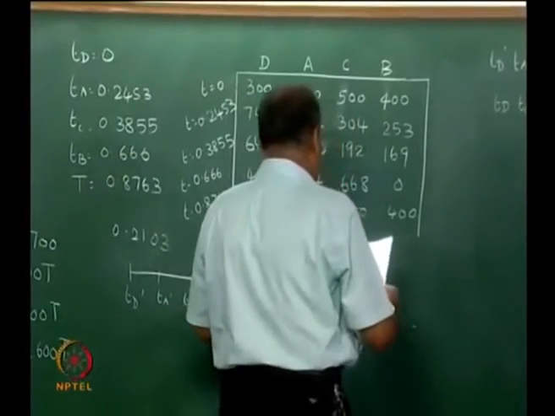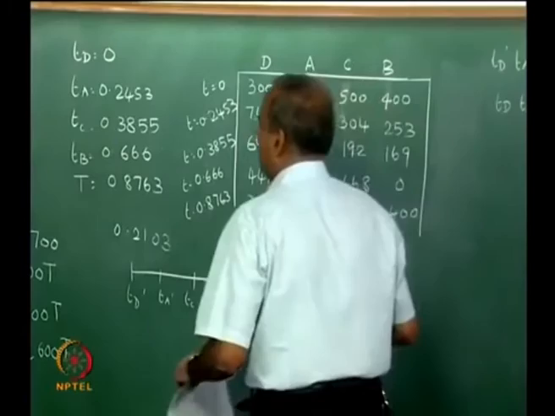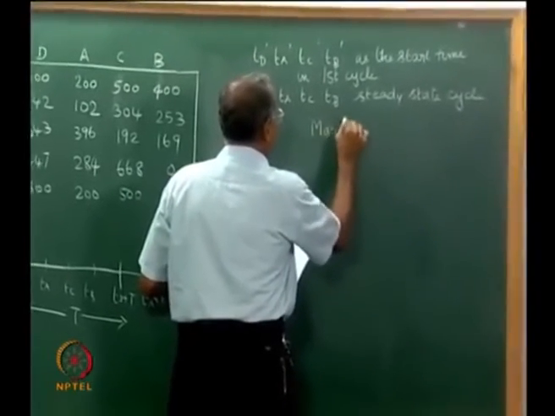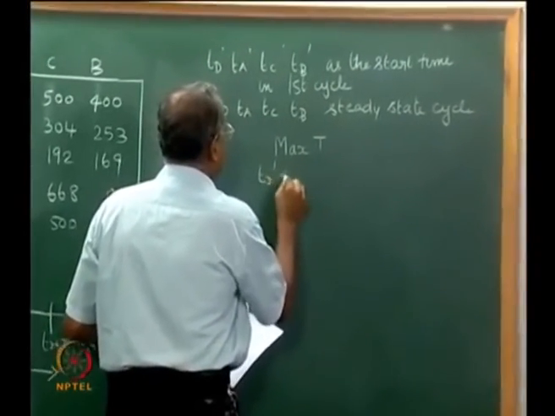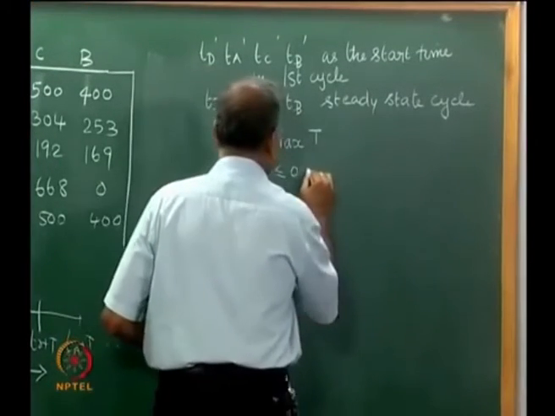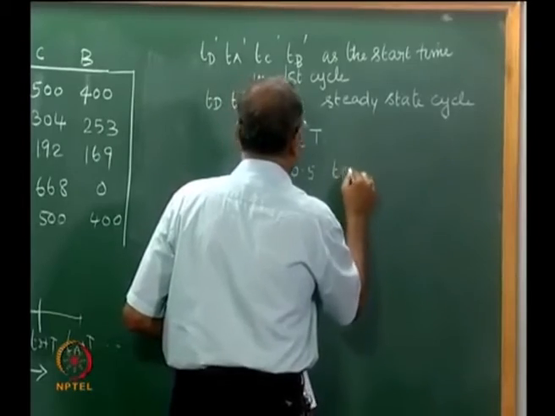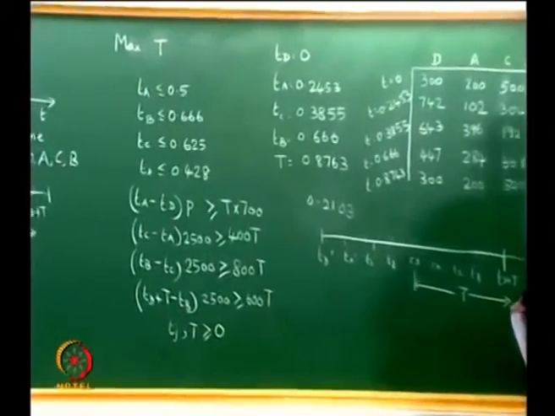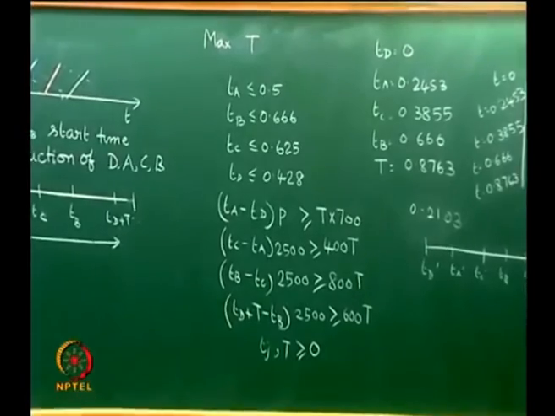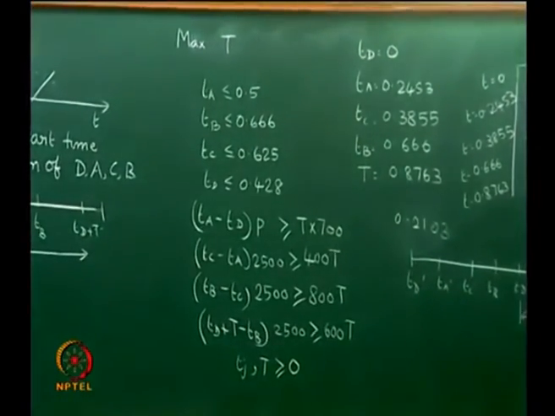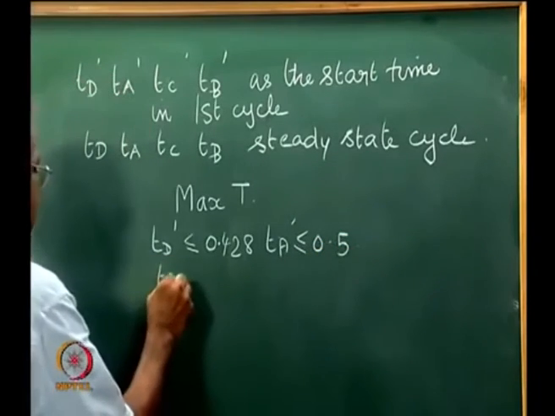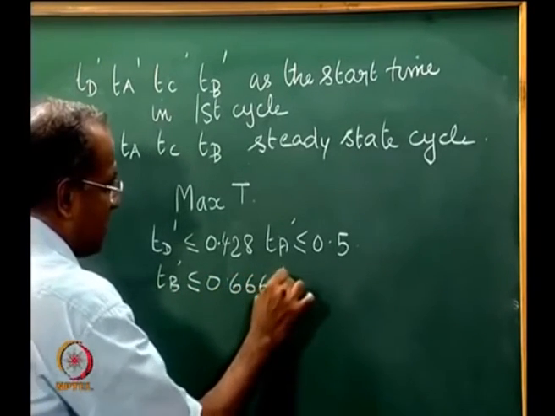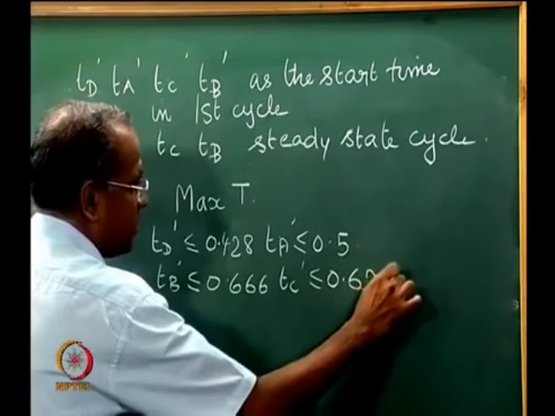You will first have TD dash less than or equal to the same maximized T, and then TD dash less than or equal to 0.428, TA dash less than or equal to 0.5, TB dash less than or equal to 0.666 and TC dash less than or equal to 0.625.